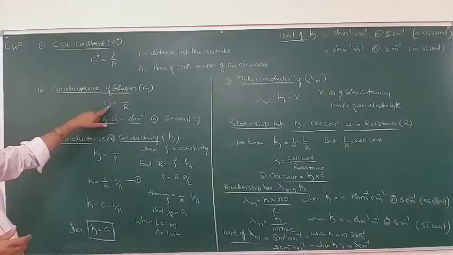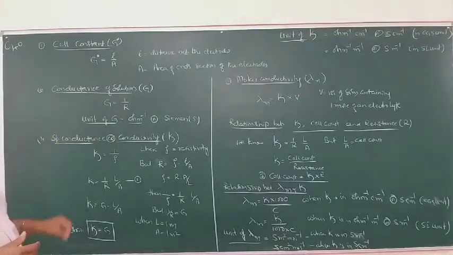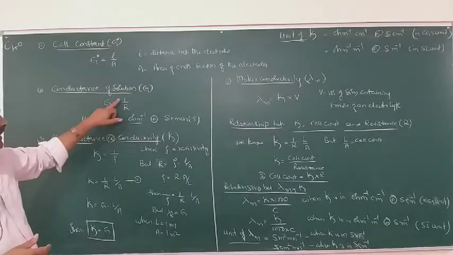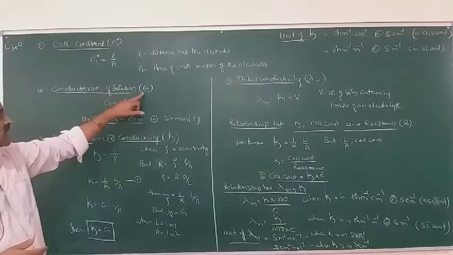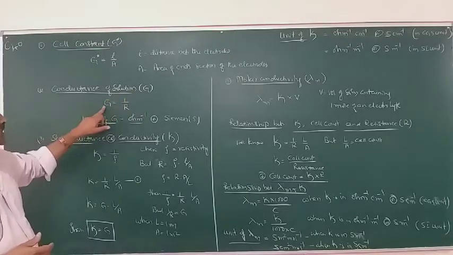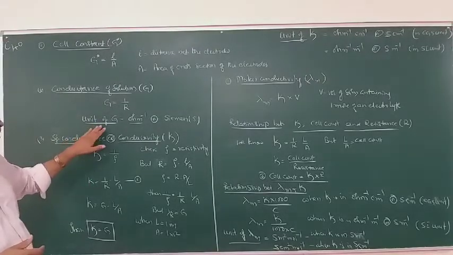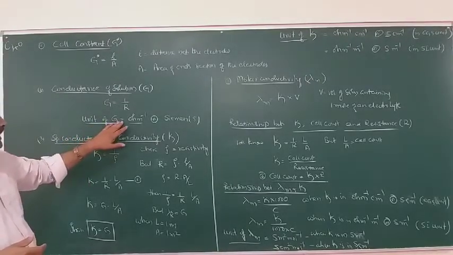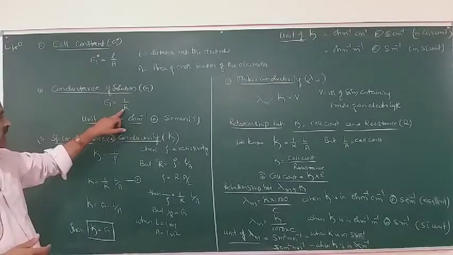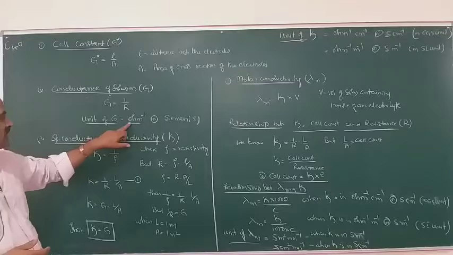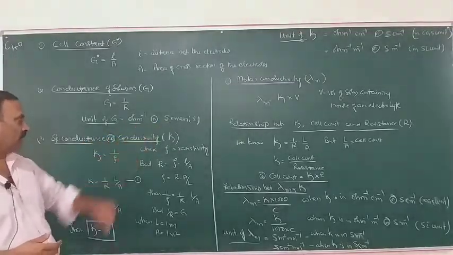So, conductance is the inverse of resistance. Conductance of solution is represented as G. G is equal to 1 over resistance. The unit of conductance is ohm minus 1, since R is in the denominator. Ohm minus 1 is also called Siemens.